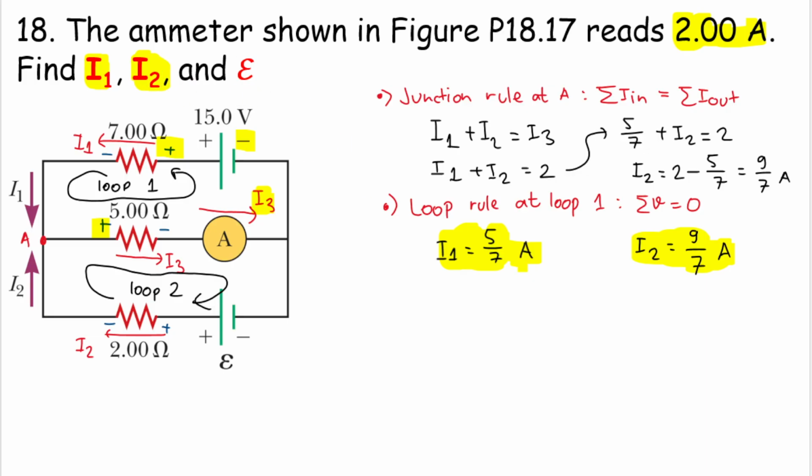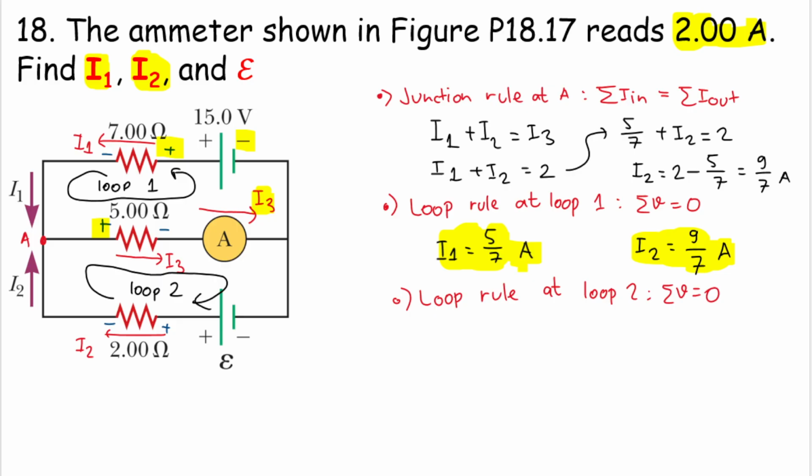Okay, now let's do the loop rule here, but this time at loop 2. So loop rule at loop 2. And again, the loop rule says that the sum of the voltages in a loop will equal 0. Good, let's start from this battery here.